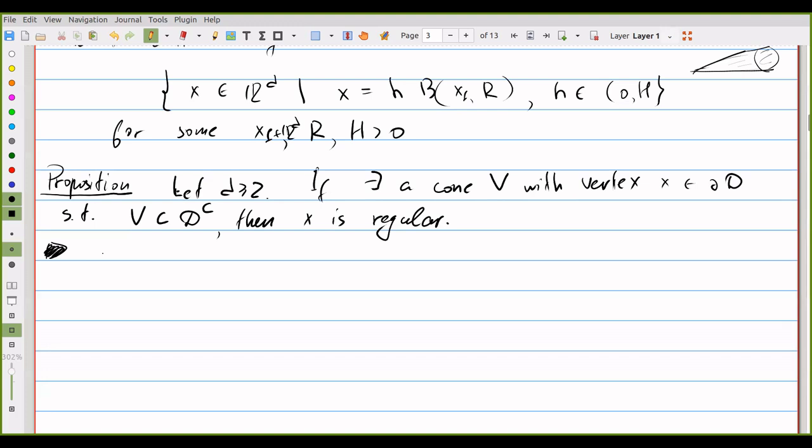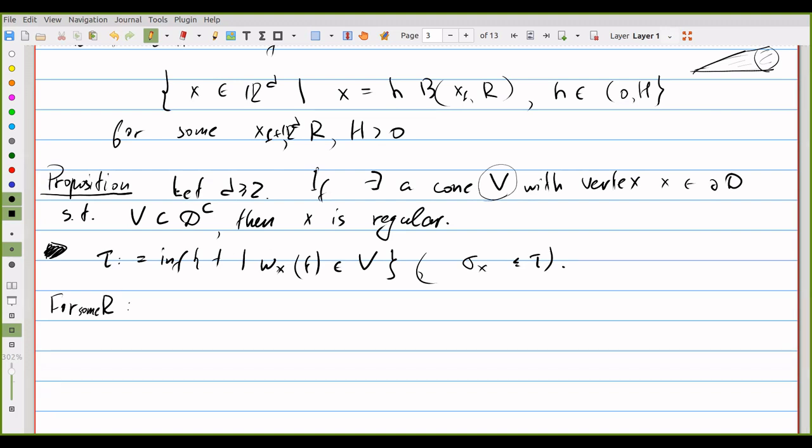So let's prove it. Let's start by introducing τ, the infimum of those t such that W_x(t) is in V. So for instance, σ_x is less than this τ. Now, take r, obtained by considering this sphere for some r.